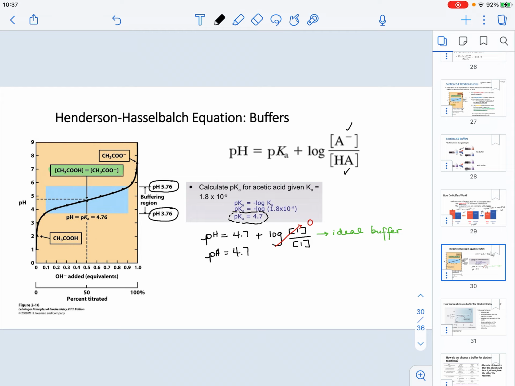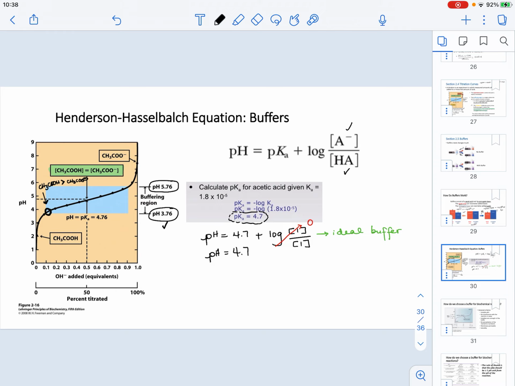Specifically at the pH of 3.76, which is this one, what we are assuming is that since that is going to be somewhere in this area that I circled, you can envision, because that is towards the beginning of our titration experiment, that if we compare the concentrations of acetic acid to acetate, there's going to be more acetic acid than acetate.